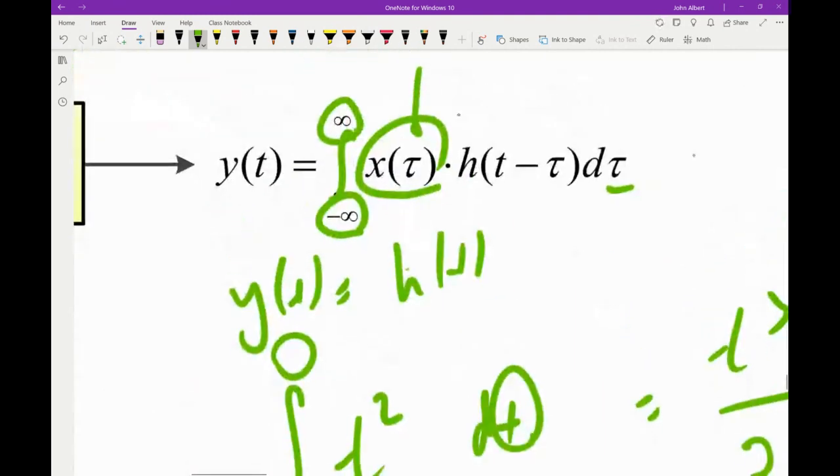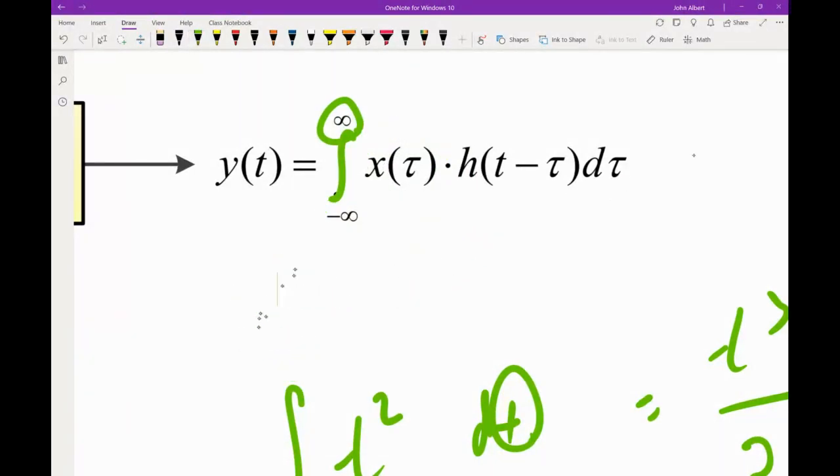This is very important, because in a few minutes we will try to evaluate this for several examples. If you notice, I have the integration from -infinity to infinity with respect to tau, and inside the integration two functions. One of them is a function of tau, and the other is a function of both t and tau.